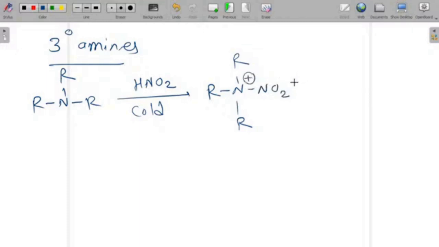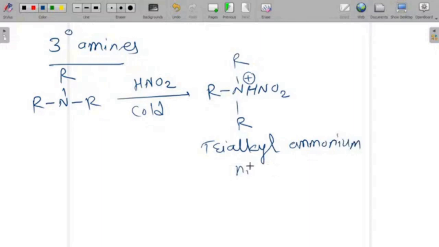Here it is plus, means here it is HNO2. So this is called trialkyl ammonium nitrite. This is the product. Understand?